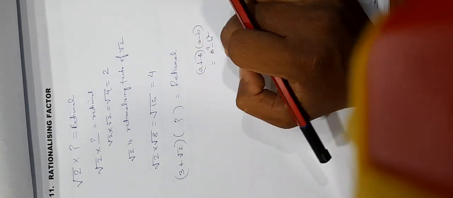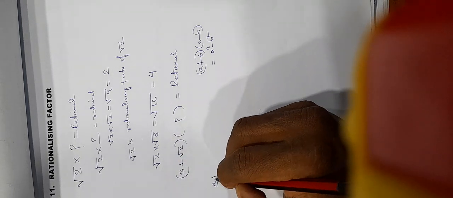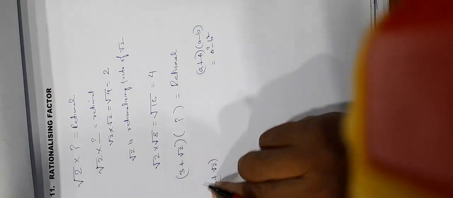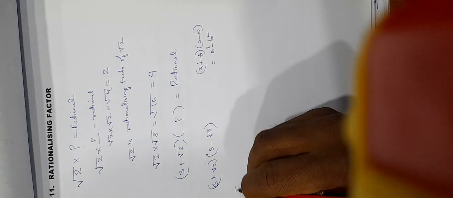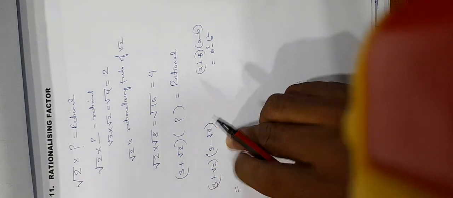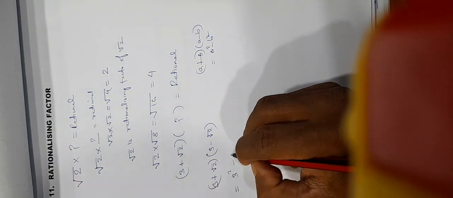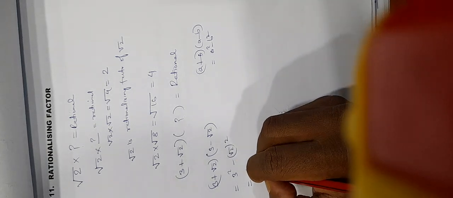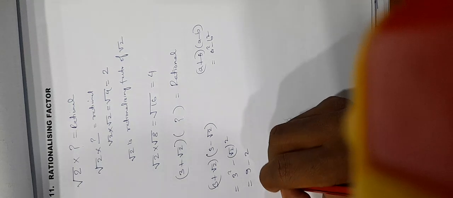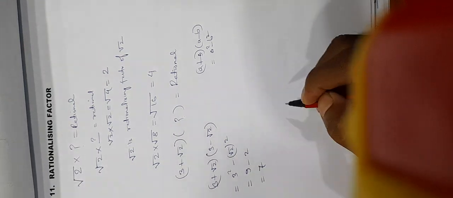Product of these two factors is a square minus b square. Now consider this a plus b. So what is a minus b? 3 plus root 2. If this is a plus b, then you can treat this as a minus b. Now a plus b into a minus b is a square minus b square. So this becomes 9 minus 2. This becomes 7, rational number.